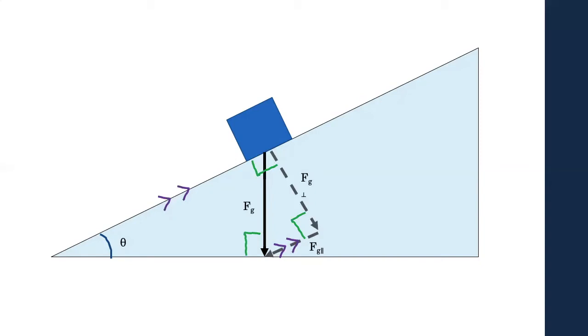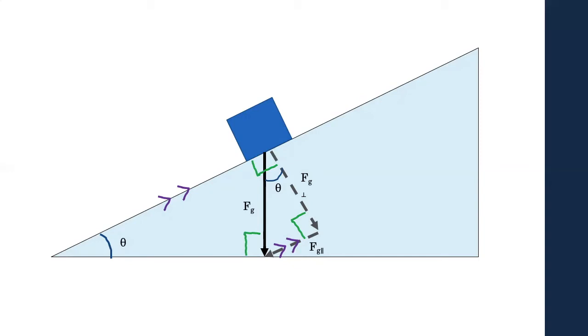These angles are denoted as right angles. So you don't have to be a mathematician to see that the top angle there is 90 minus theta, and therefore the angle within our force diagram is going to be the same as the elevation of the ramp. And that's true for any case you have involving ramps.